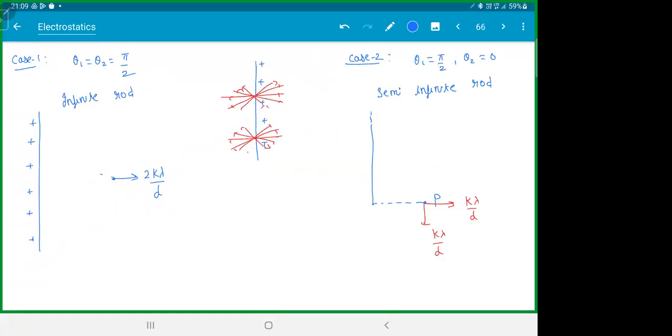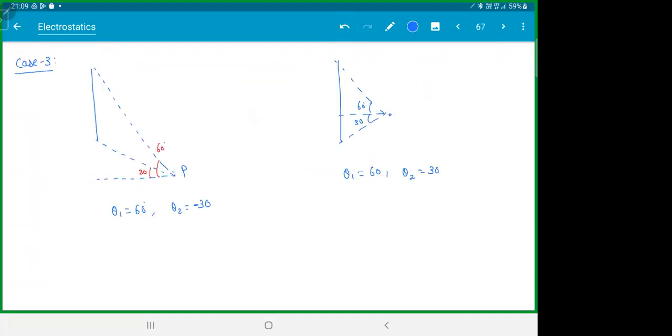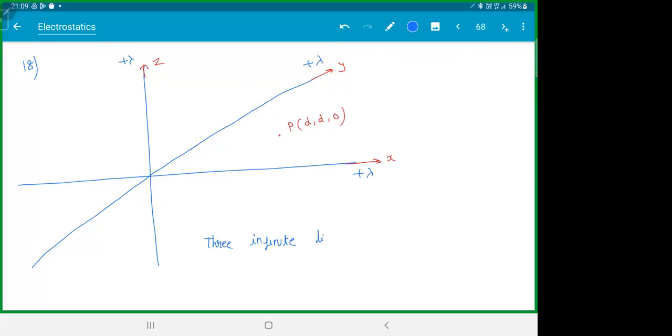What was the formula for an infinite line? 2k lambda by d. There will be no parallel component. There will be only the perpendicular component, along the x, y, z axis.